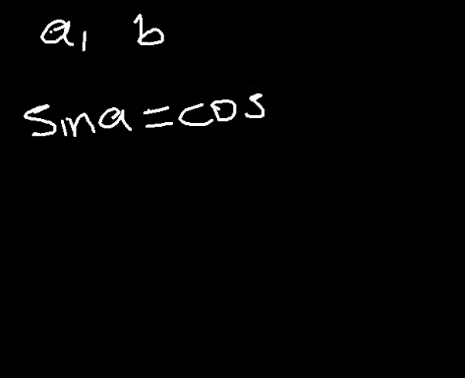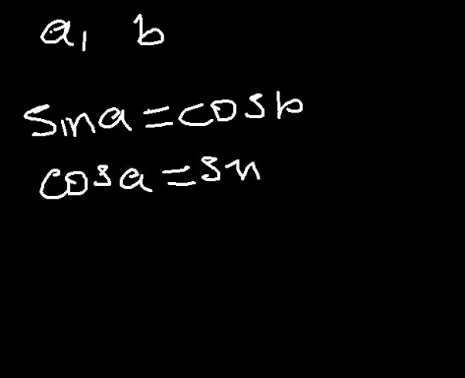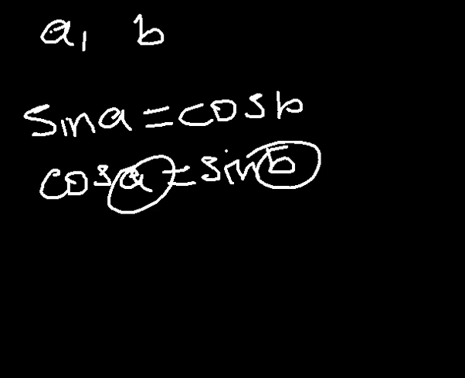Provided the angle A and the angle B are complementary angles, then this is true: the sine of angle A is the same as the cos of angle B. Likewise, the cos of angle A is the same as the sine of angle B, provided the angles A and B are complementary angles.